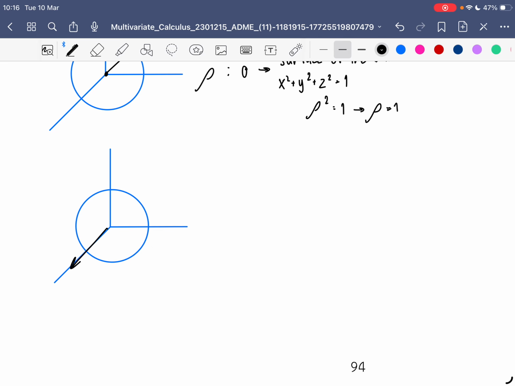So you keep rotating in this orbit. But it's a solid ball, so it will take all of them, right? So it will take a whole round. So your setup will complete a full run. It will start from 0 to 2 pi.